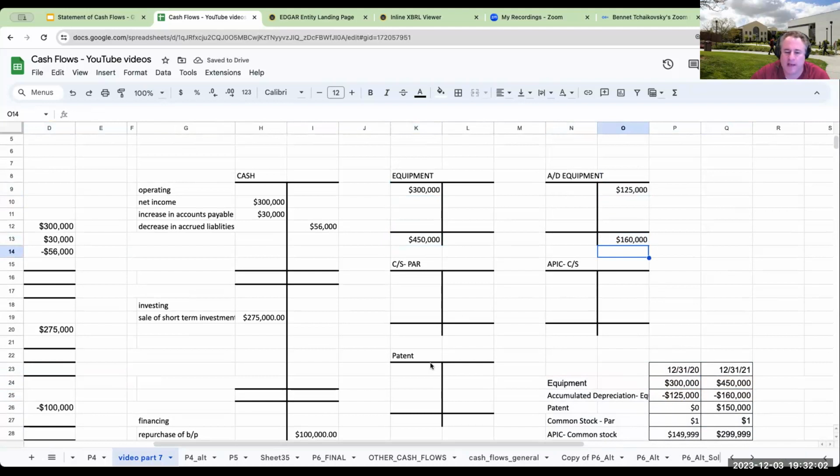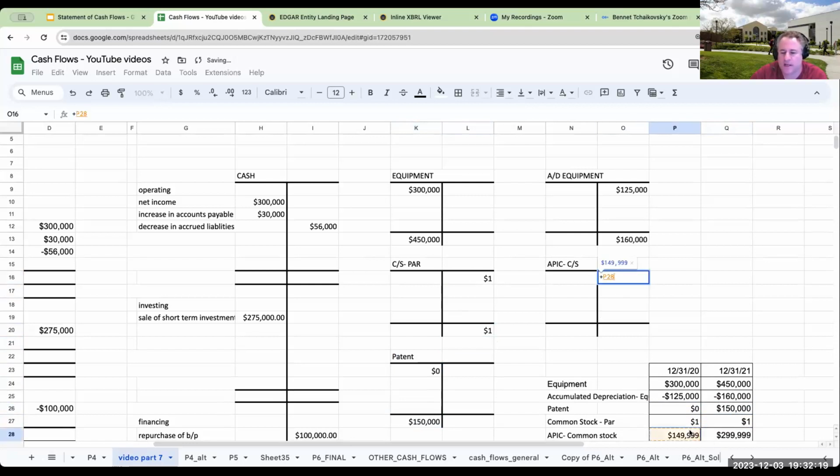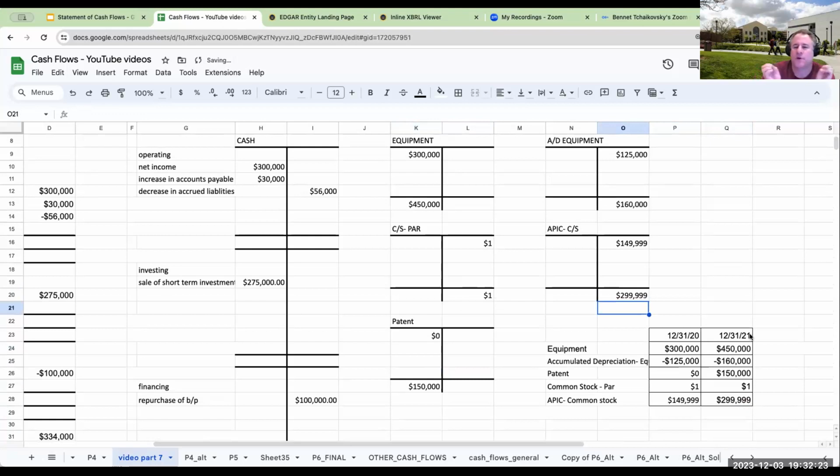Over here, patent, opening balance of 0, ending balance of 150. Common stock par, credit of 1, ending credit of 1. Additional paid in capital common stock, this is a part of owner's equity, 149, and then 299.